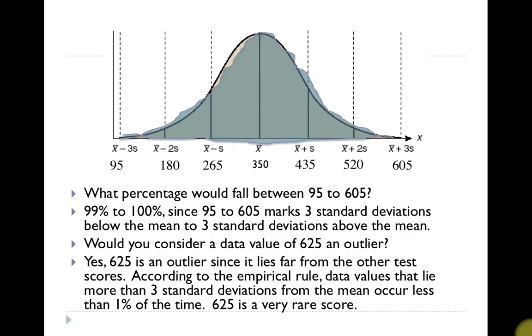So by a rule here, we're going to say that any data value that falls more than 3 standard deviations above the mean, so more than x bar plus 3s, or less than 3 standard deviations below the mean, less than x bar minus 3s, is going to be considered an outlier, a very rare score.